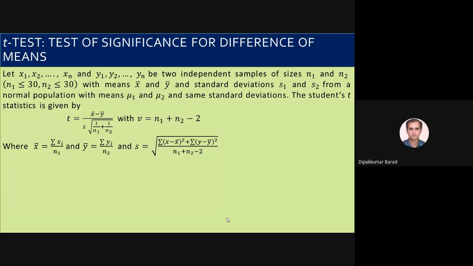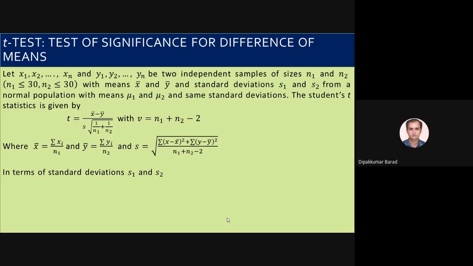So x bar means the mean of the random variable x1, x2, up to xn, and y bar is the mean of y1, y2, up to yn. S is the sample deviation.